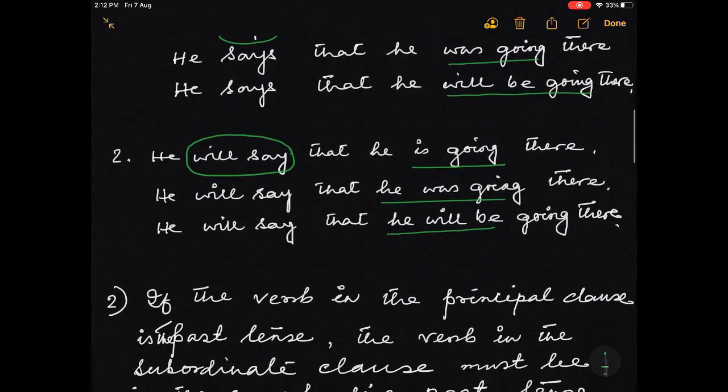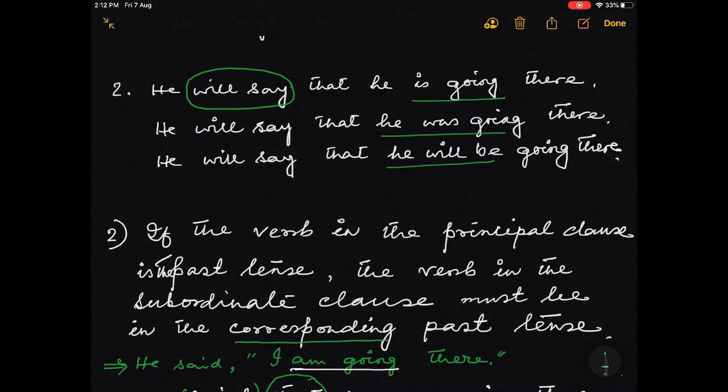Rule 2 is saying, if the verb in the principal clause is in the past tense, the verb in the subordinate clause must be in the corresponding past tense. So, when the verb in the principal clause is past, the verb in the subordinate clause must be past.